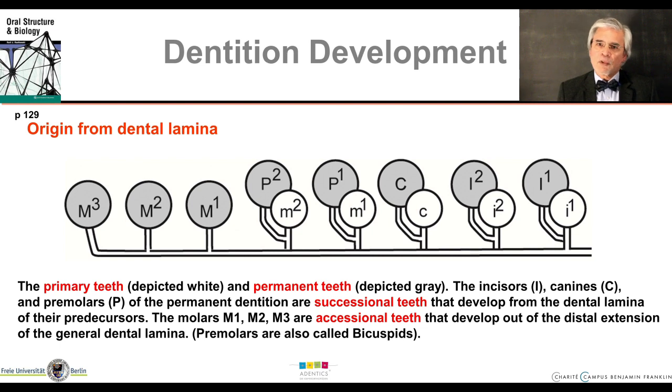I think this question is irrelevant here. This dispute can be understood only against the background of the theory of evolution, and that does not really belong here now. I have decided they belong to the permanent dentition, and therefore I have shown them in gray. And after all, they have the typical enamel color and the size of the permanent teeth, without any doubt.